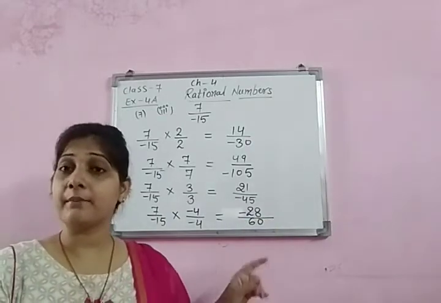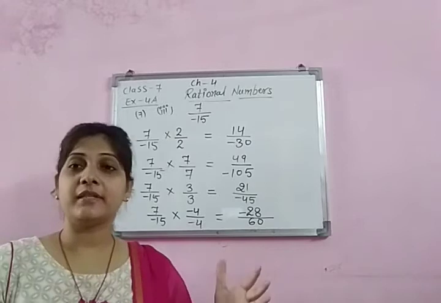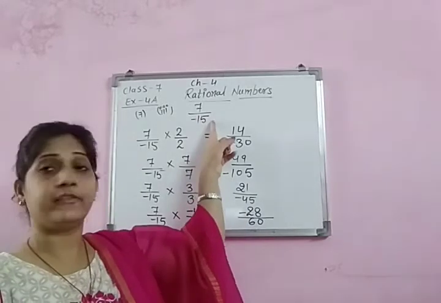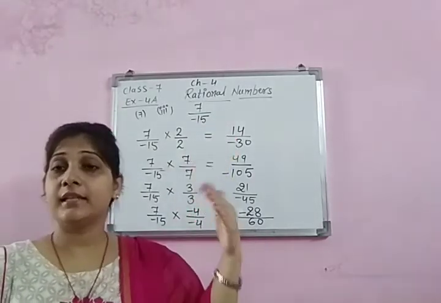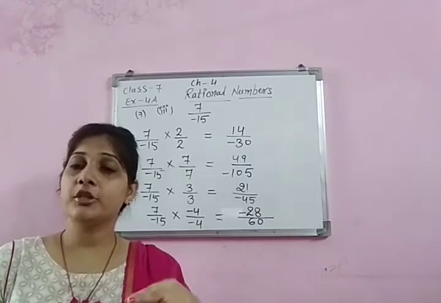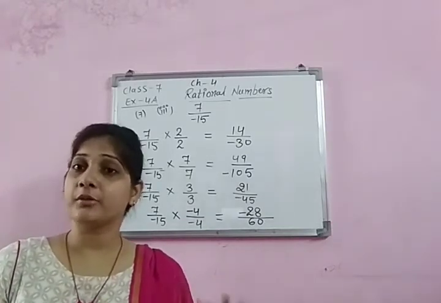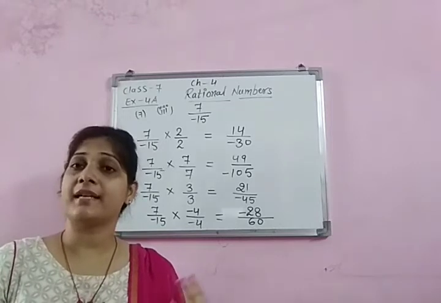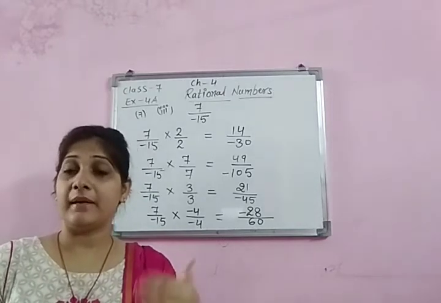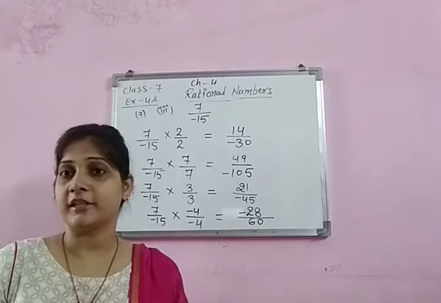So the denominator becomes positive. What I mean to say is, do you remember, a negative rational number means one should be positive, one should be negative. It depends on numerator and denominator. Maybe the numerator is negative and the denominator is positive.